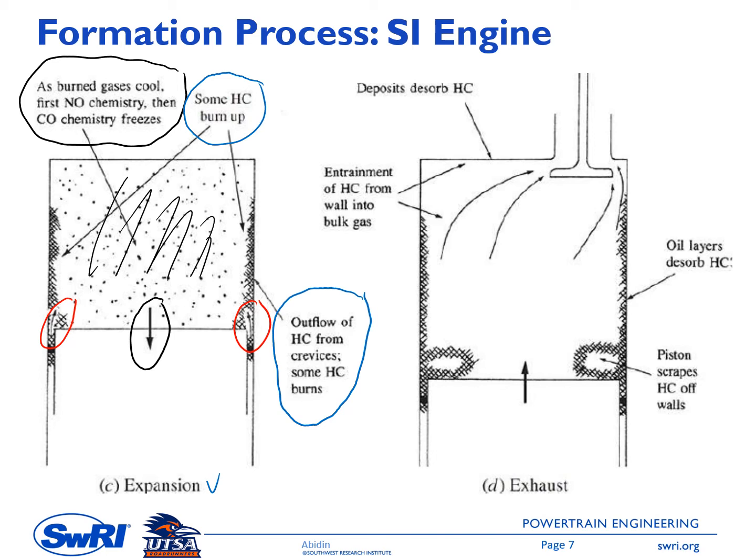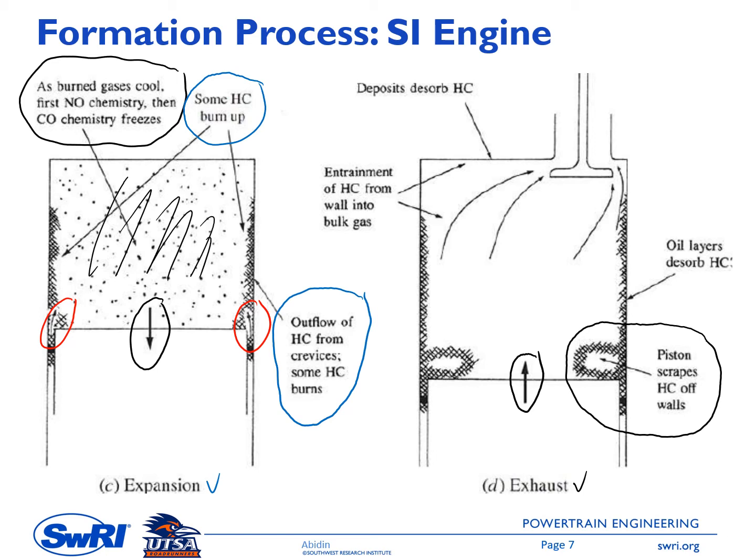And then the next schematic on the right side here is showing the process during the exhaust stroke. So the piston moves up toward top center, and there will be hydrocarbon scraped along the wall by this piston movement, and this will be a source of the unburned hydrocarbon.